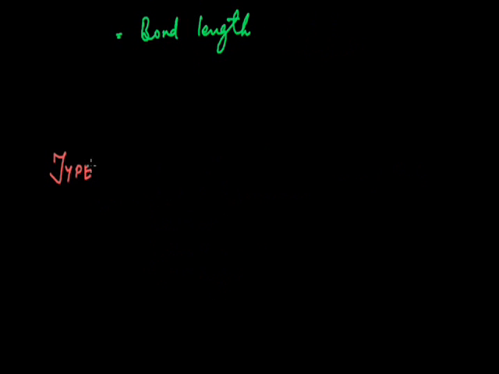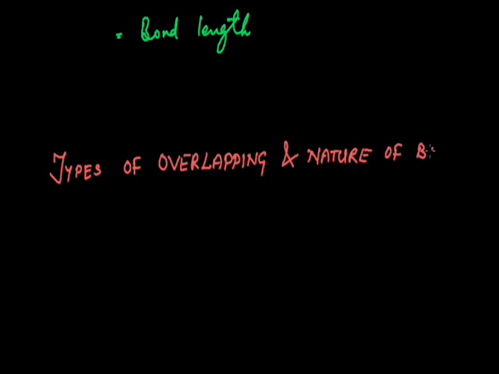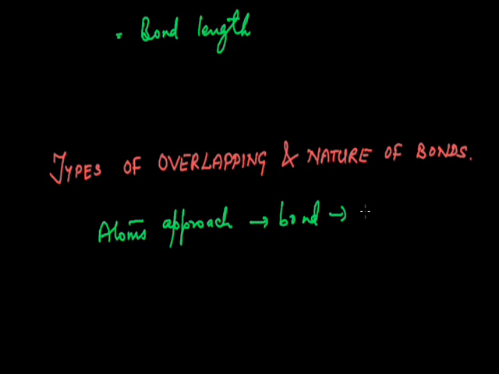The types of overlapping. As we know that when two atoms approach each other to form a molecule or to form a bond, in such a case their atomic orbitals undergo overlapping.